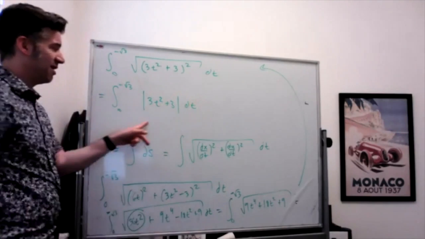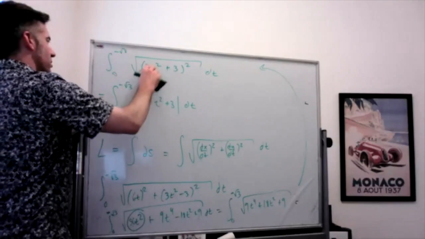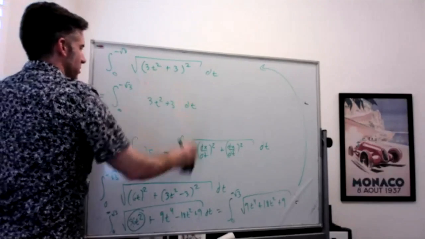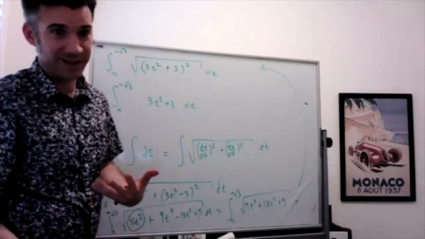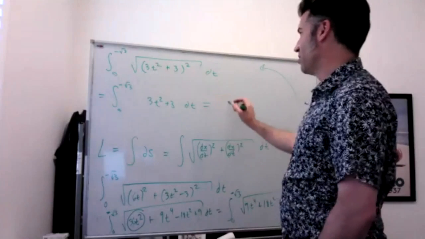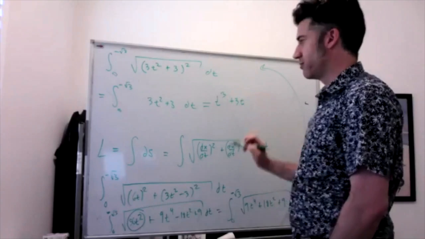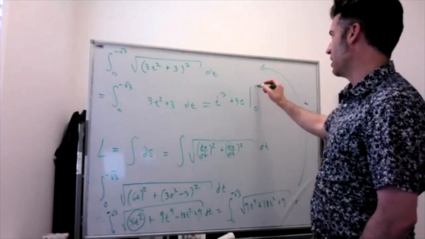But that's always positive. We don't need the absolute values. I'm really hoping this turns out to be positive, but it might turn out to be negative. Let's see what we get. We get t cubed plus 3t from 0 to negative √3.